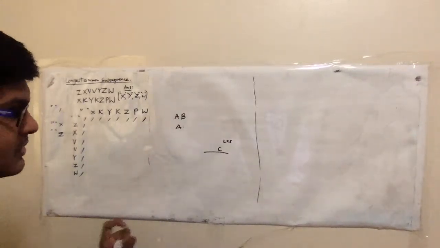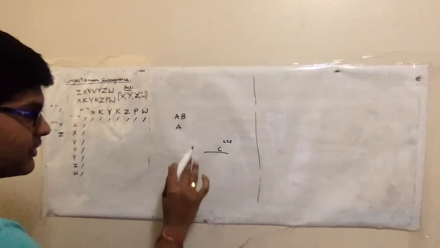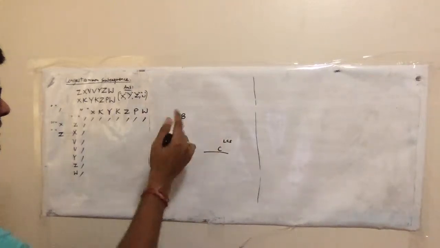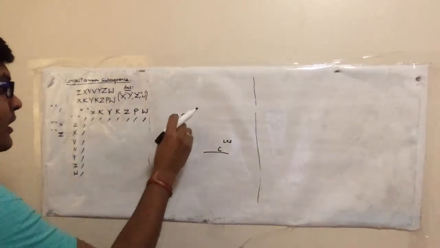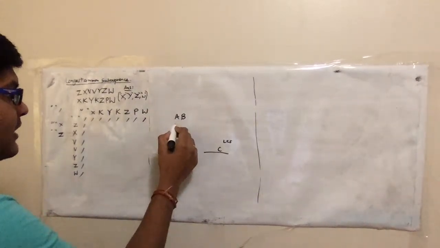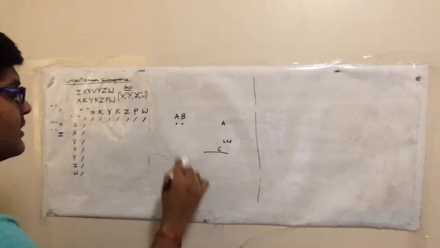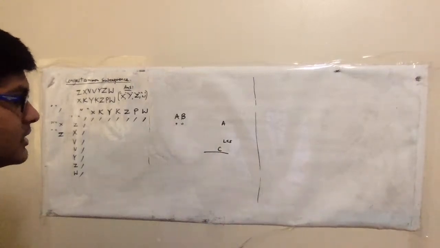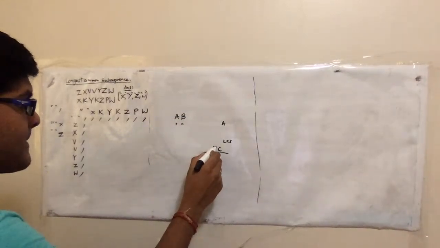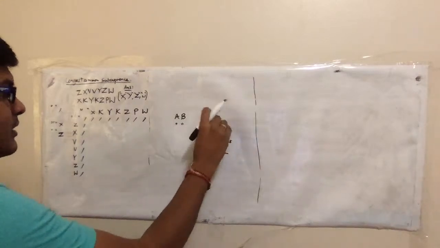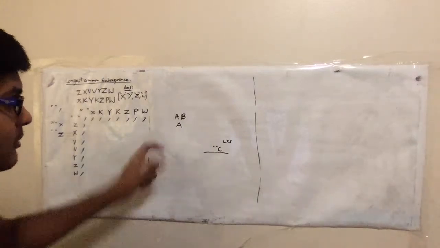B and C are present, so they are different. If they are different, we try to remove one character. Either we can remove B or we can remove A. I will try to remove A. Then the second string will become an empty string, and the common character is an empty string. I will place this here because nothing came out of this.